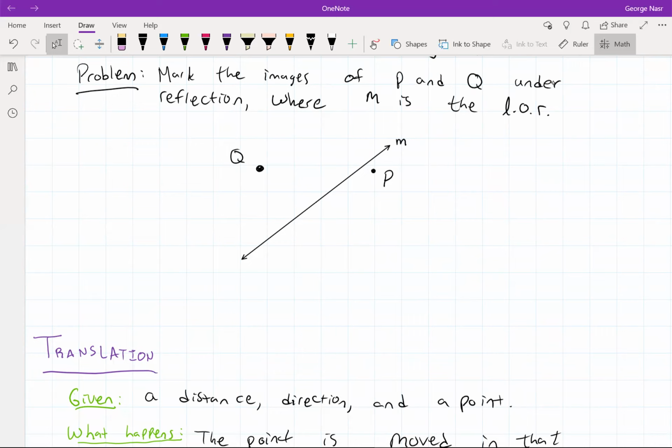So let's do it. So remember, the idea is that, let's start with P here. You draw a line perpendicular from P down to the line of reflection, and then you duplicate that distance. So I'm not looking for anything precise here.